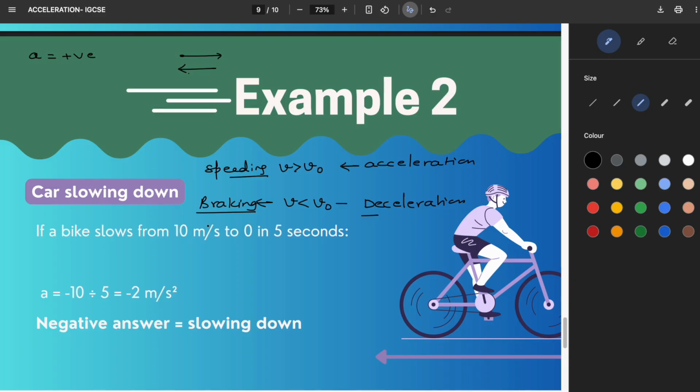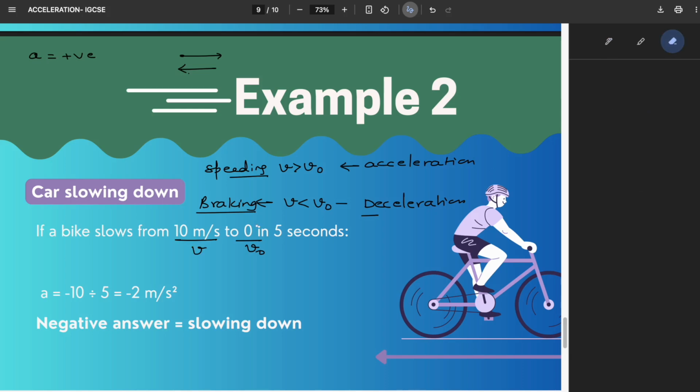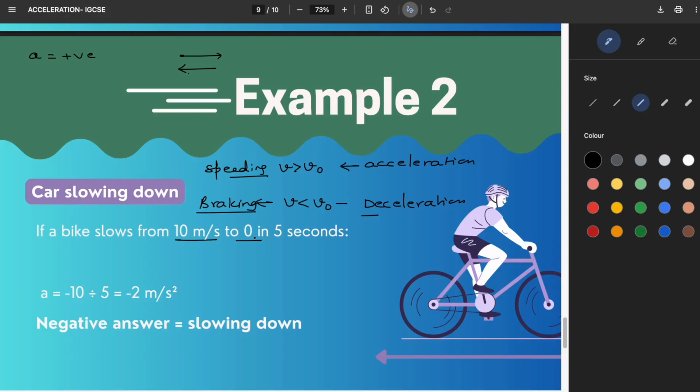Now, if a bike slows down from 10 meter per second to 0, right? So what is the velocity? The final velocity is 0. What is the initial velocity? That is 10. Okay. So we have V and here V naught. So what is my acceleration?